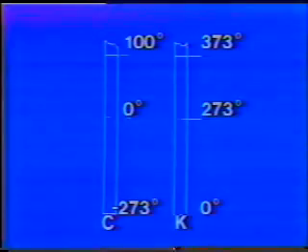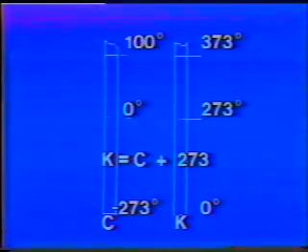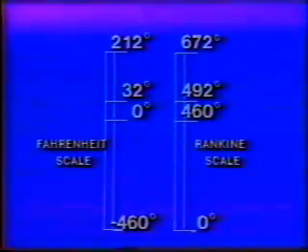A temperature scale beginning at absolute zero was named the Kelvin scale. To find Kelvin temperature when the Celsius temperature is known, simply add 273 degrees to the Celsius temperature. Another scale relating absolute zero to the Fahrenheit scale is the Rankine scale.